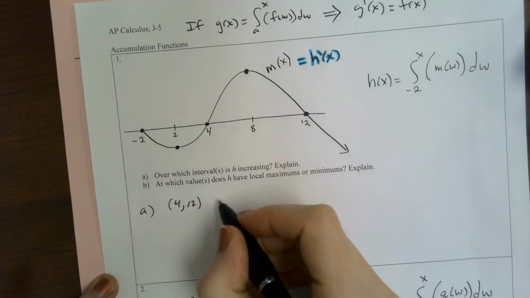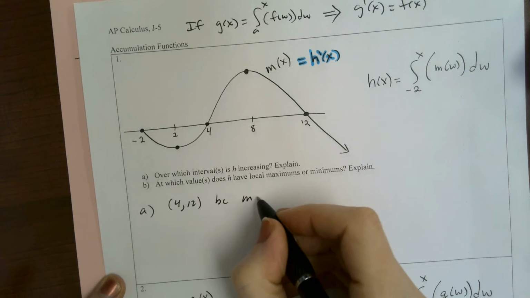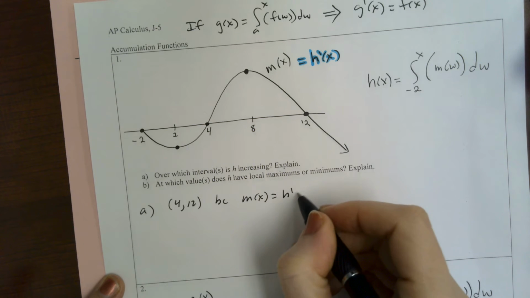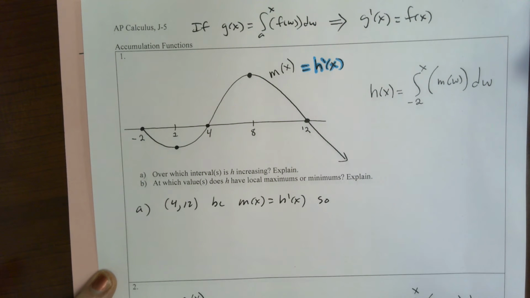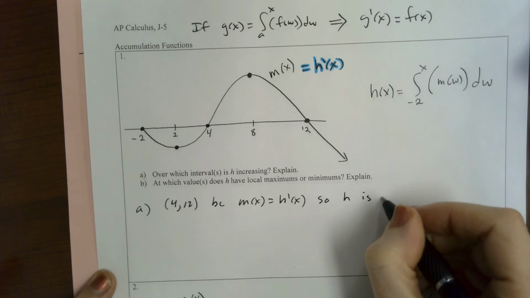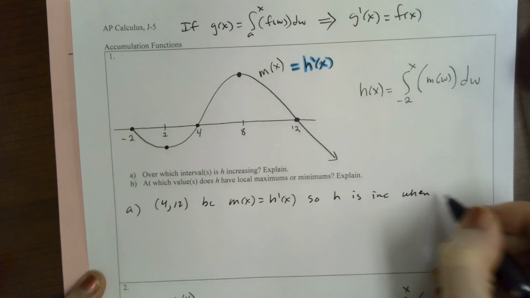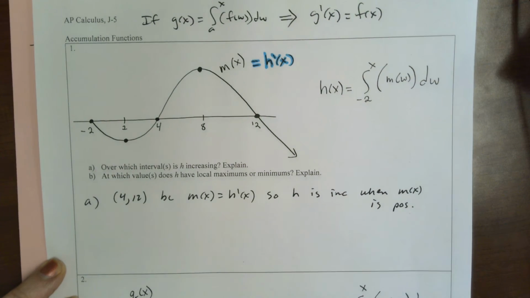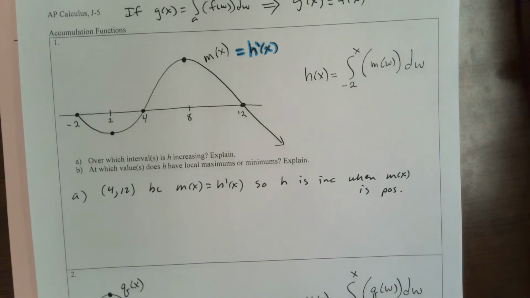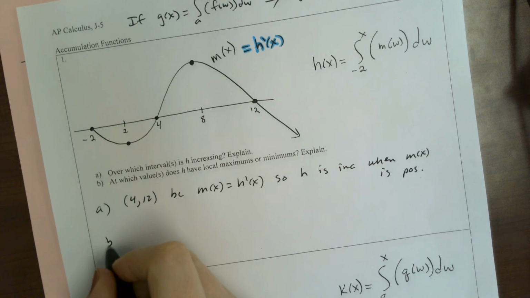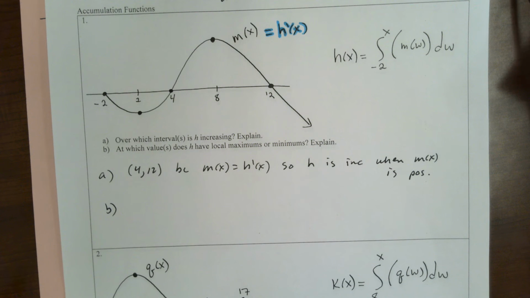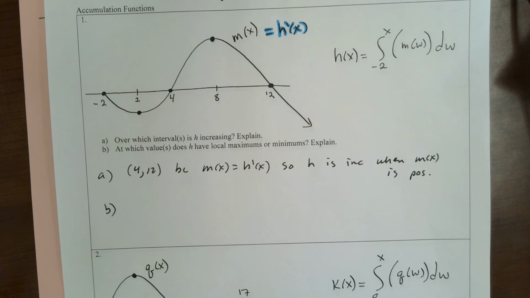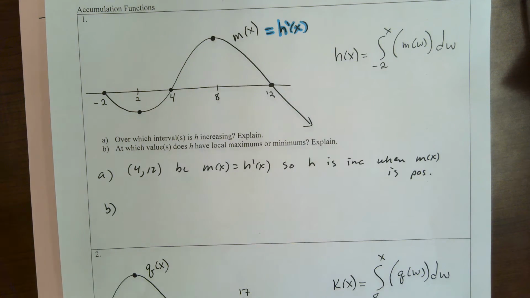So the first thing I'm going to say is because m of x is h prime of x, h is increasing when m of x is positive. All right, so you have to tell them that you know you're looking at the derivative and then therefore what that implies.